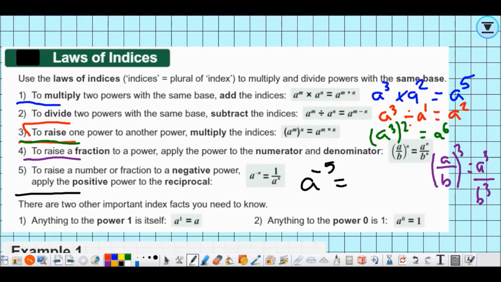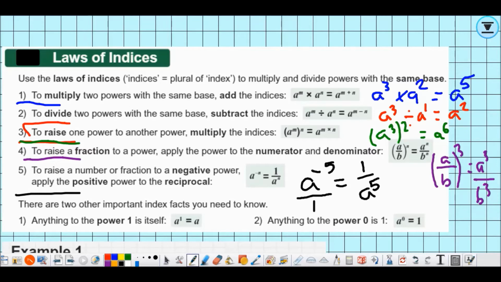I'm going to put it 1 over, that's my reciprocal. Remember, this would be a negative 5 over 1, because it's in effect a whole value. I'm going to raise it to reciprocal, so 1 over a to the positive 5. So I'm flipping it upside down as the reciprocal, and my negative power turns into the positive power on the bottom.